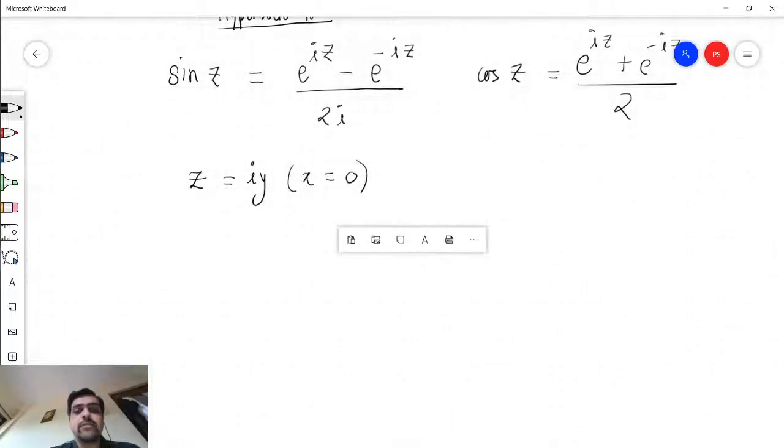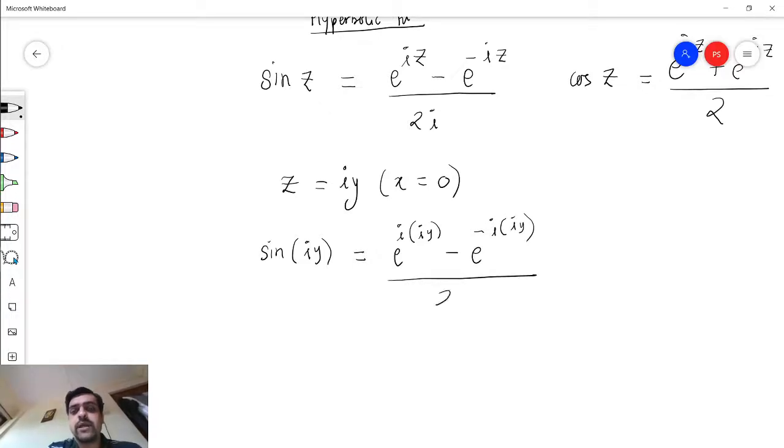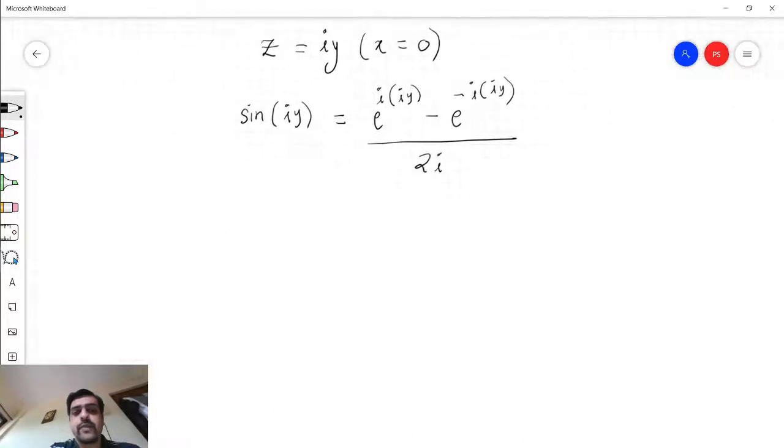If we replace z by i times y, sin z simply becomes sin iy equal to e raised to i into iy minus e raised to minus i into iy divided by 2i, which gives us e raised to minus y, since i into i is i squared, which is minus 1, minus e raised to plus y upon 2i.